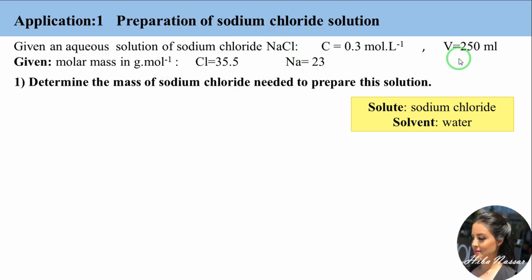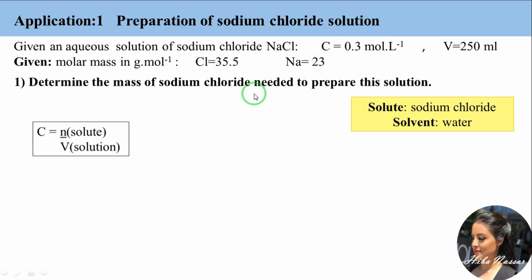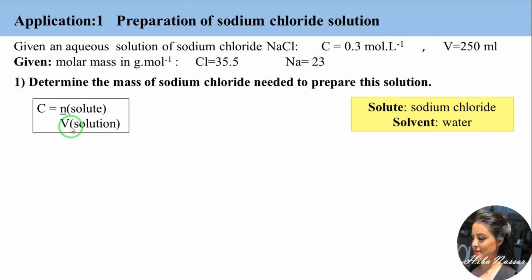Looking at the given here, you have the molar concentration denoted by capital letter C, and you have the volume of the solution denoted by capital letter V. So you can use this formula in order to calculate the number of mole for solute. So here we have the molar concentration for this solution.